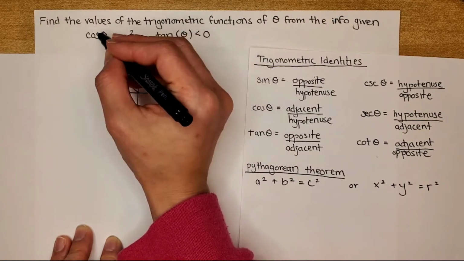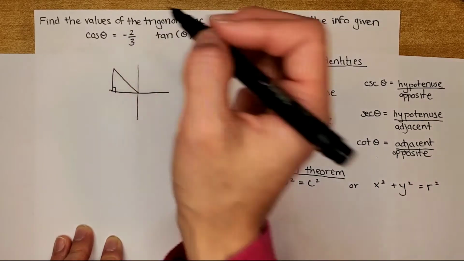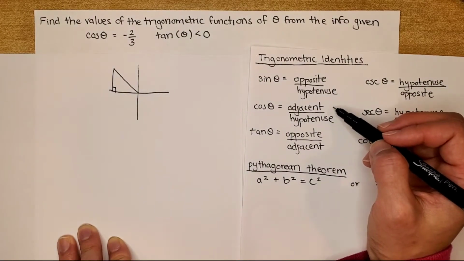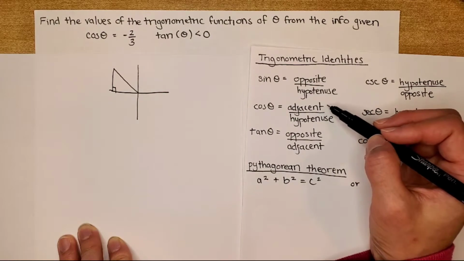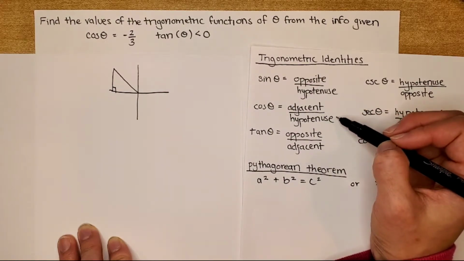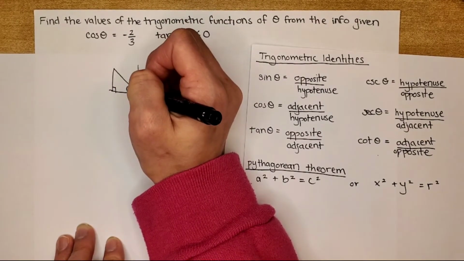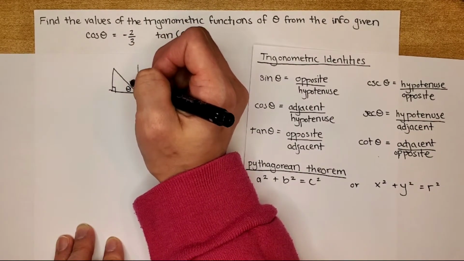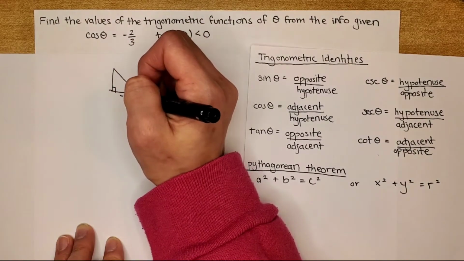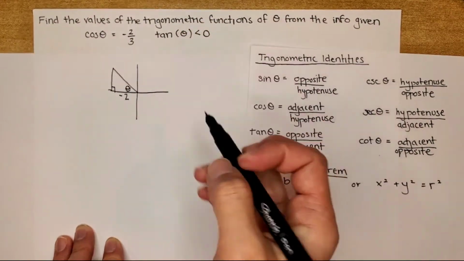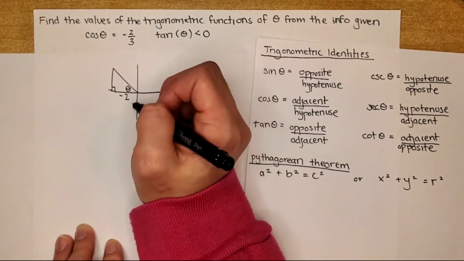And because we're given cosine theta being a value of -2/3, we can then refer back to our identity and see that our cosine theta is a value equal to adjacent over hypotenuse. And so that means that our theta value has an adjacent value with cosine theta of -2. Now, the reason why I'm giving this a negative value, there's 2 reasons.